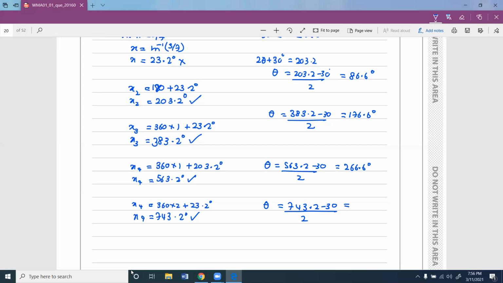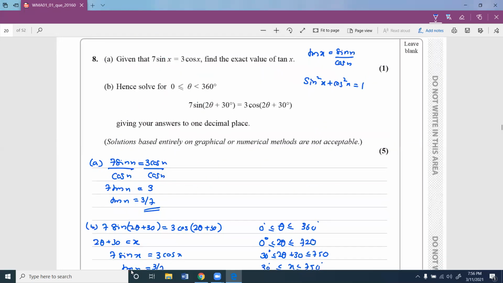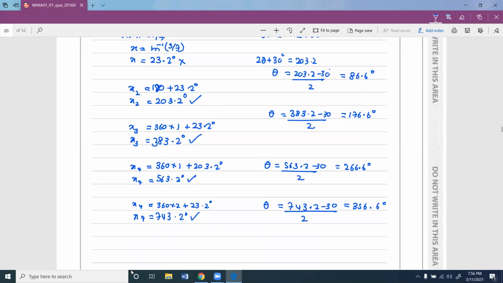That is 356.6, the next answer. Now you can see all these answers fall in the range 0 to 360. There is no problem. If you define the range according to the formation from the first step, the final answers will definitely fall into the given range.